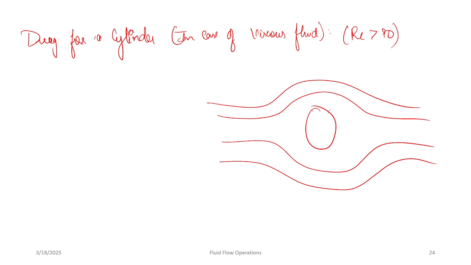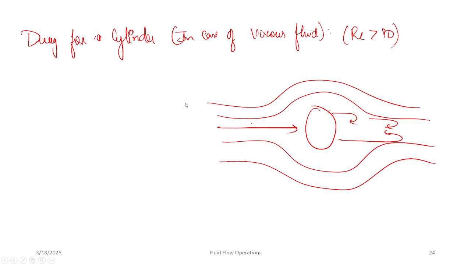So eddies will be formed continuously, and the formation of eddies will increase if you go beyond 90. If you increase the Reynolds number beyond 90, eddies are continuously shed alternately from two sides of the cylinder.